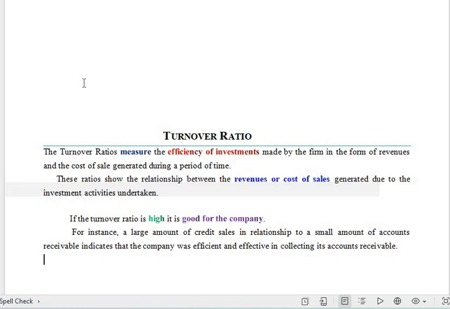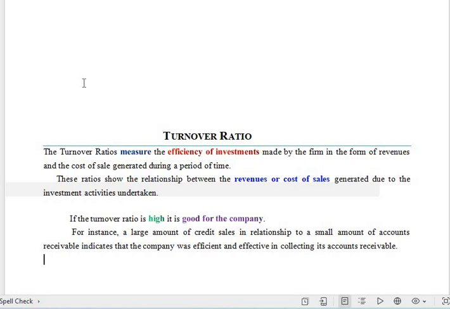As I already discussed, ratio means finding a relationship between two variables. With respect to financial ratio, we find a relationship between two financial variables. In the turnover ratio, one financial variable is nothing but turnover, or sales or related to sales.